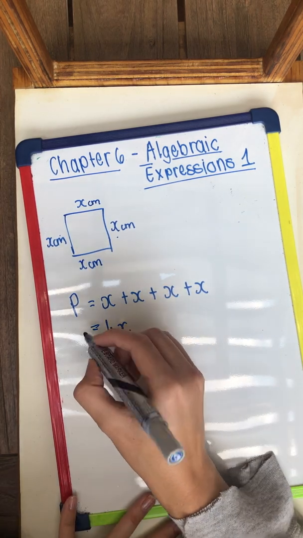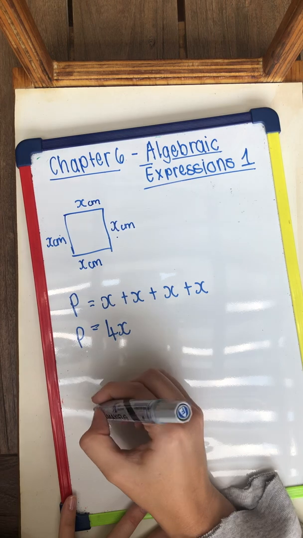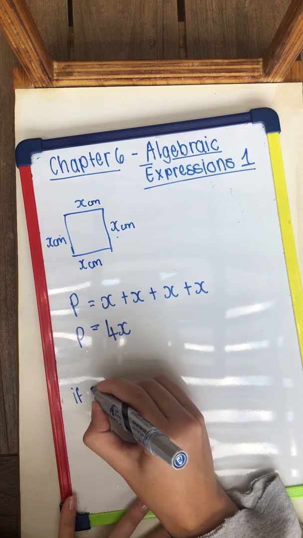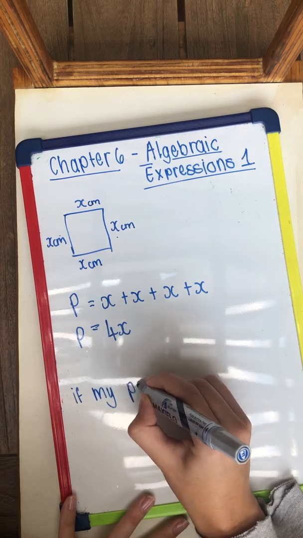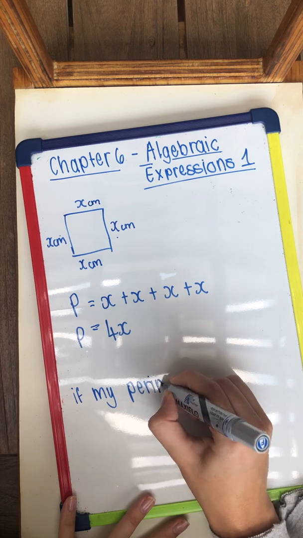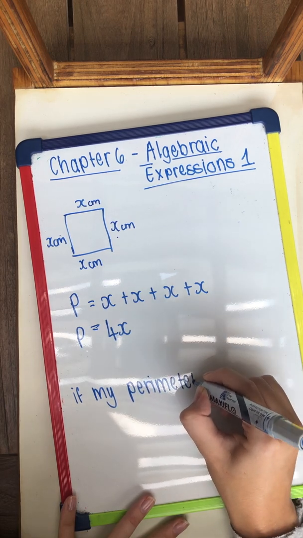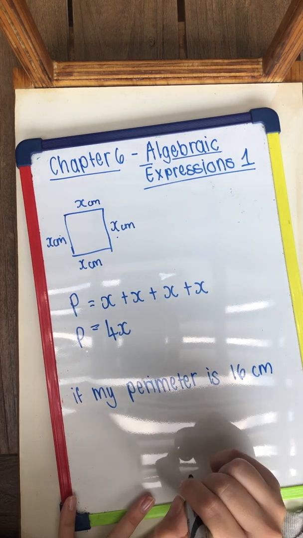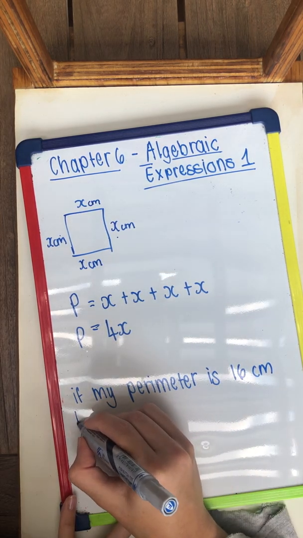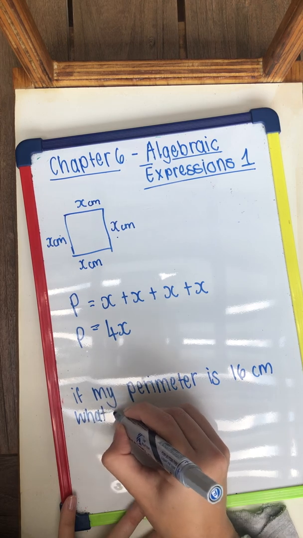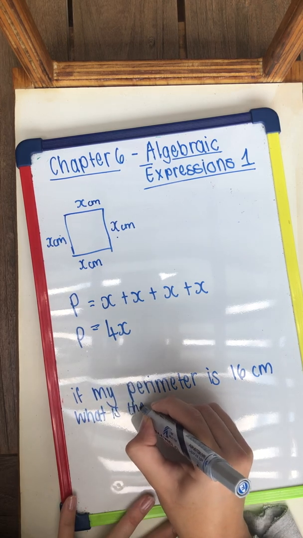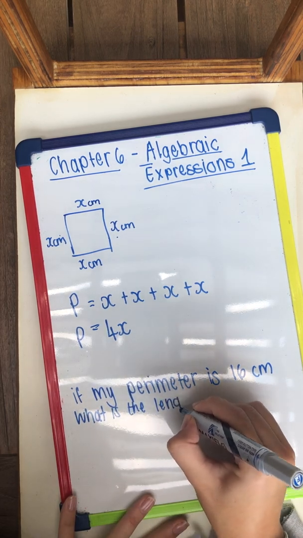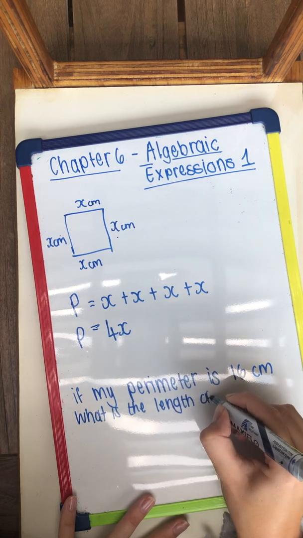Now that I've got this, if my perimeter is 16 centimeters, what is the length of each side?